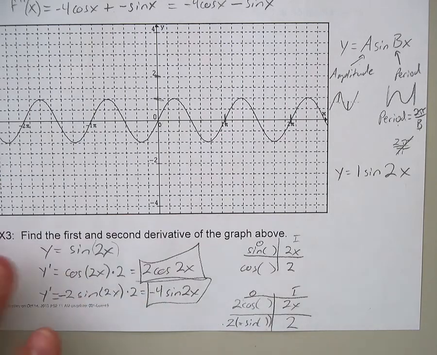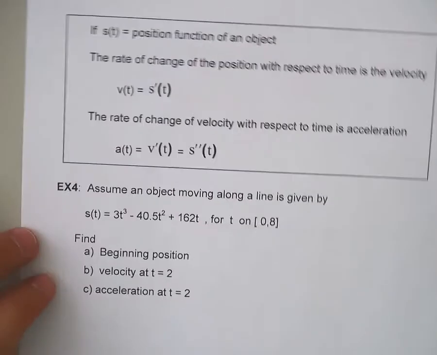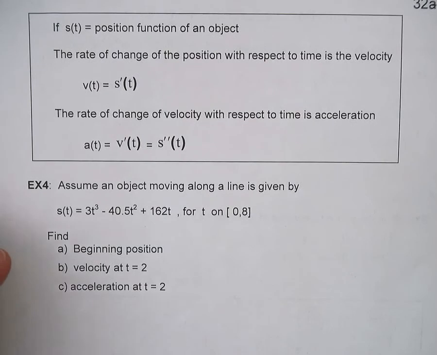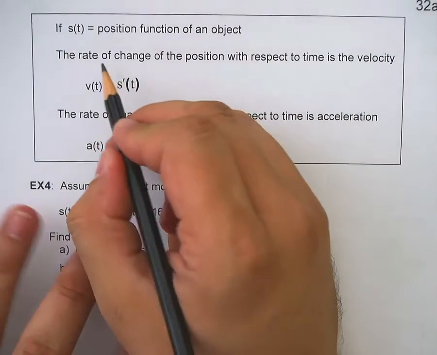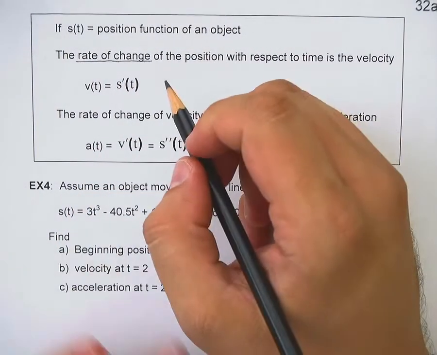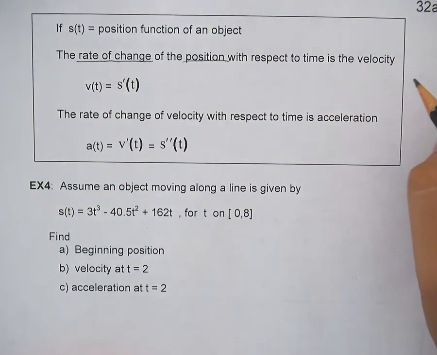All right? Now, this is where things are going to get a little cross-training with physics, because now you're going to be introduced to the idea of position. So let's say that S of t is the position function of an object. Well, the rate of change of the position with respect to time is velocity.